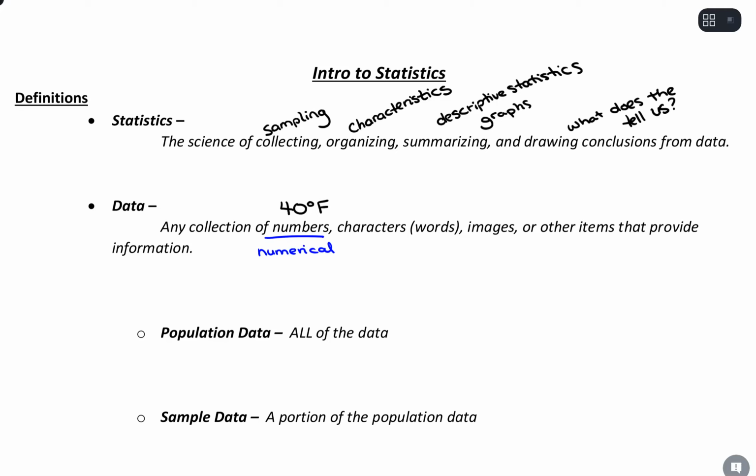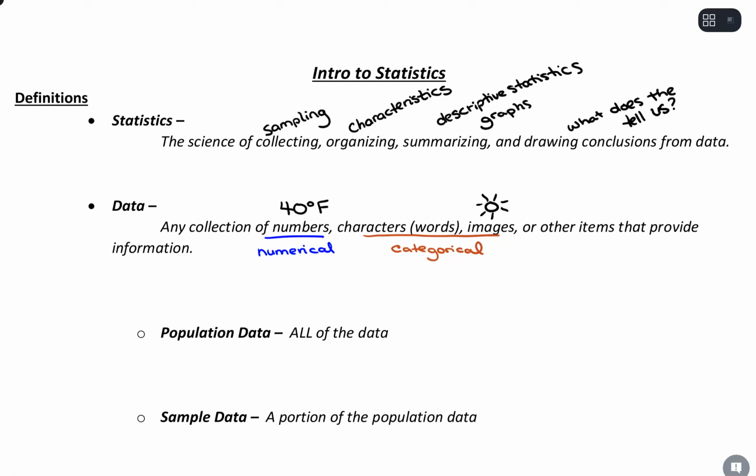This idea of collecting words or characters or images, that's called categorical data. So it's fitting these different categories. If we were collecting information on weather, then maybe that would look like a picture of a sun. It could be an image of sunshine or a cloud.